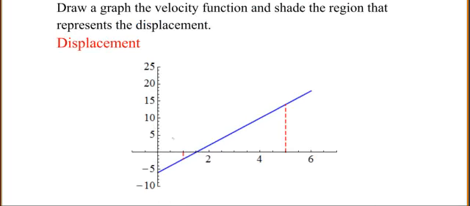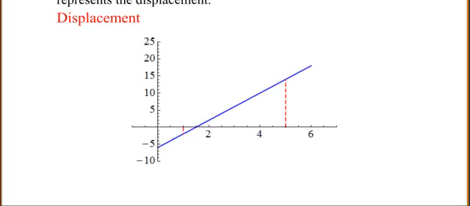So let's take a look at the graphs here. Here's the graph of the velocity function. It crosses the axis at 3/2, with y-intercept negative 6. So this would be the displacement. Notice this part would be negative because it's below the x-axis, and this would be positive.